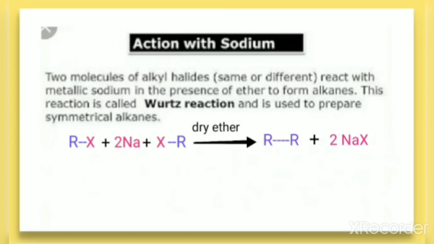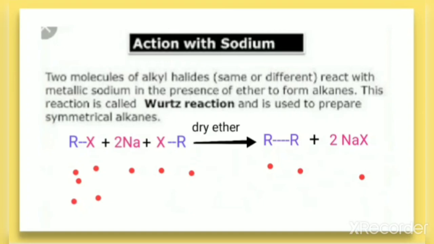That is CH3Cl plus 2Na plus ClCH3 gives rise to CH3-CH3 plus 2NaCl. Here R is CH3. So first we have taken a one carbon atom alkyl halide and we are getting a 2 carbon atom hydrocarbon. That means methyl chloride is taken and the product is ethane.